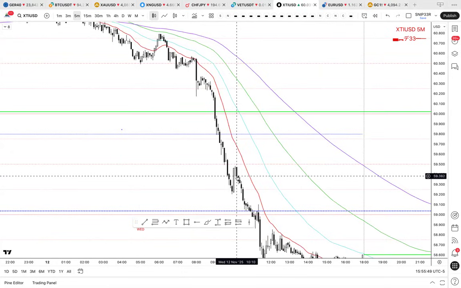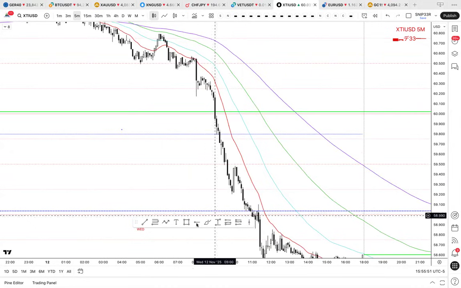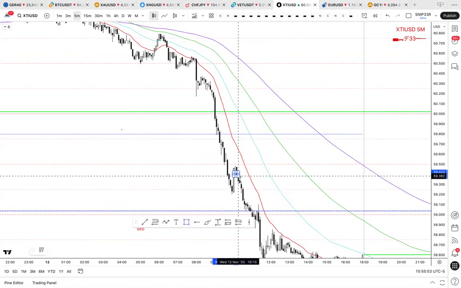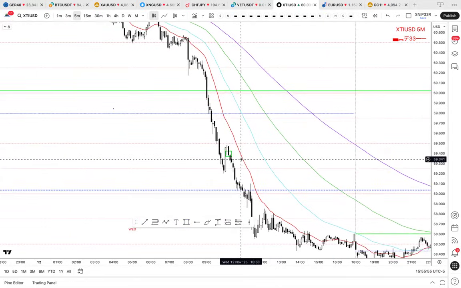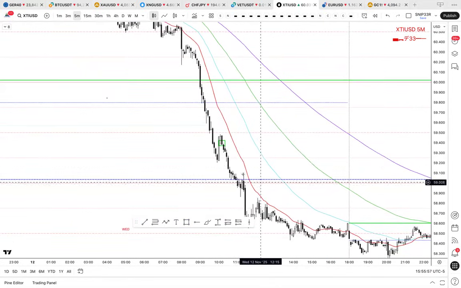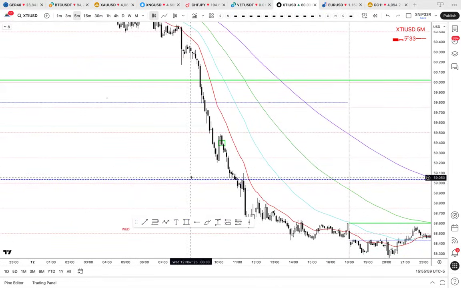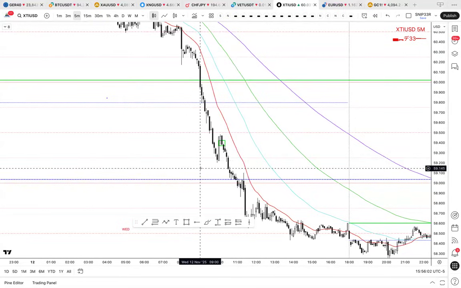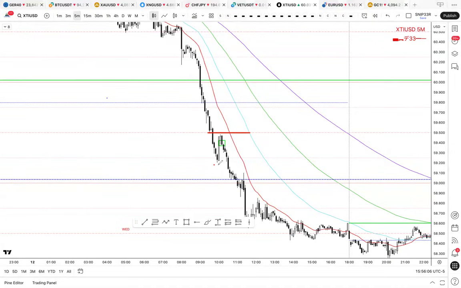So new 15-minute candle, low hanging fruit. There you go. You're not too late to make 50 pips and just call it a day. 30, 40, 50 pips. Below the EMA, below our major round number level, and just call it a day.